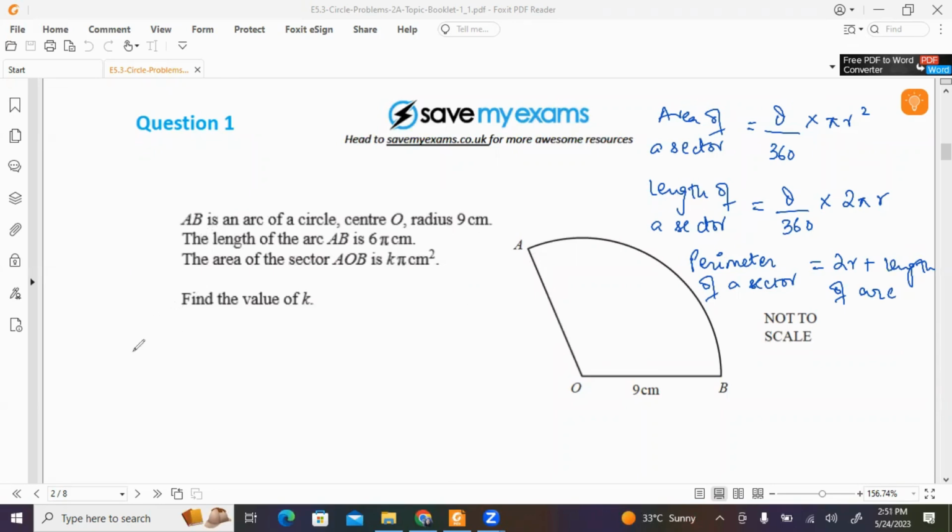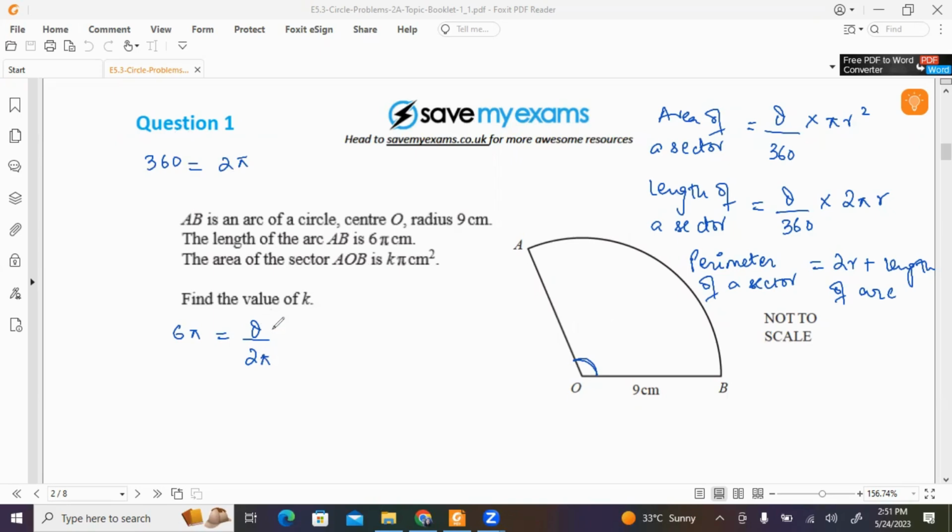First I'm going to use the length of arc to identify our angle. So 6 pi equals theta over 2 pi times 2 pi r. The reason I'm writing 2 pi is that 360 in radians is 2 pi. Since the length of arc is given in terms of pi, let's convert the angle in radians as well.